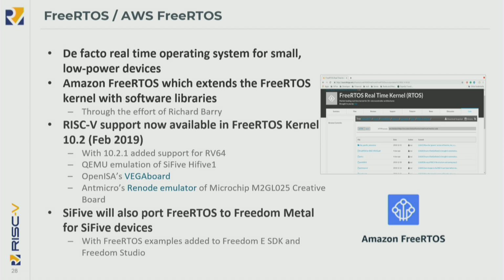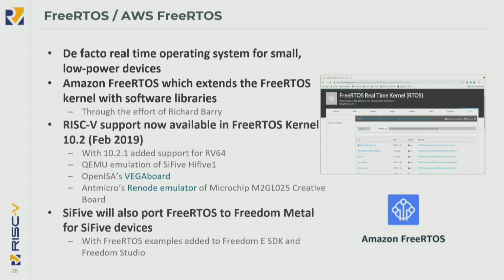In terms of the embedded OS, FreeRTOS, which is pretty much the de facto OS for small and low-power devices, along with the Amazon FreeRTOS software library, has now supported a number of RISC-V targets, things like the QEMU emulation of the HiFive1, the OpenISA Vega board, and the Nuclei creative board.